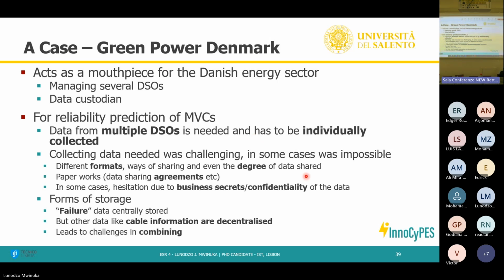But again, collecting from them can get political, because you have to sign a lot of documents to get access to this data. Also, some DSOs may be hesitant to share this data for business secret reasons or confidentiality of the data items themselves.